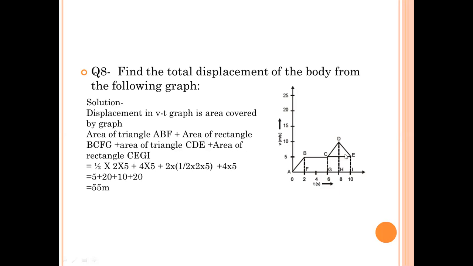CDE में 2 ट्रायंगल है, तो मैंने कर दिया हाफ 2 क्रॉस 5 को 2 टाइम्स, प्लस अगेन इस रेक्टेंगल को 4 क्रॉस 5, सबको ऐड किया, द आंसर बिकम 55. तो डिस्टेंस उसने कितना ट्रैवल किया, दैट इज डिस्प्लेसमेंट इज 55 मीटर.